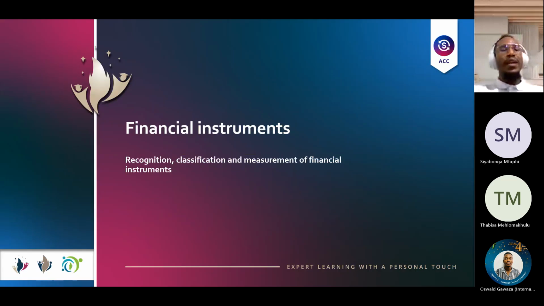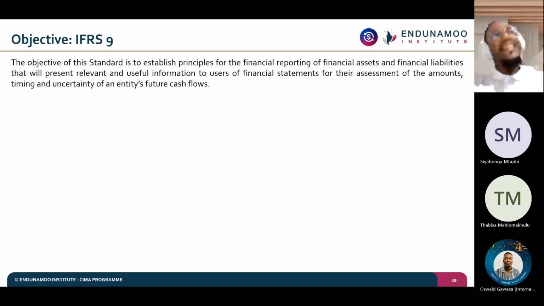Now, we are coming into talking through the recognition of financial instruments, the classification of our different financial instruments, as well as the measurement thereof. And this is all stemming from IFRS 9. What we were covering, the classification of equity versus liabilities, was coming from IAS 32.